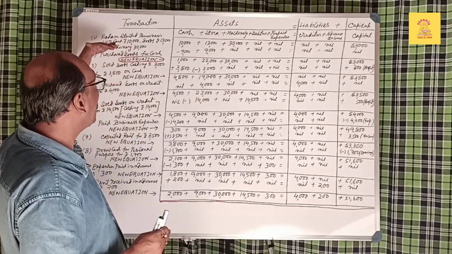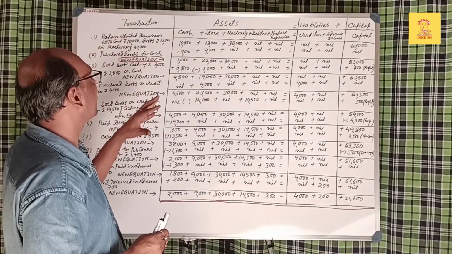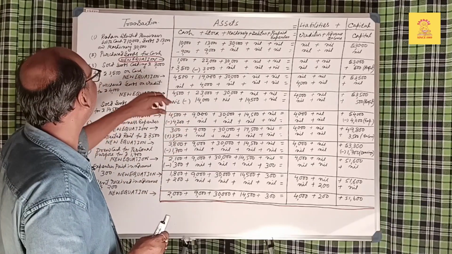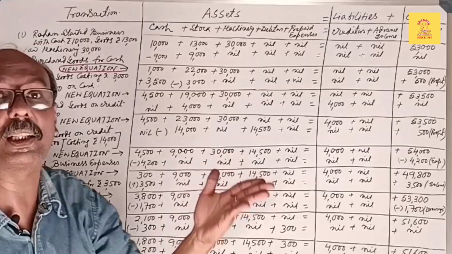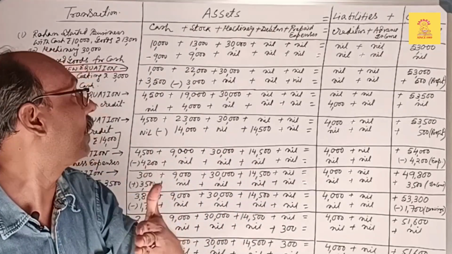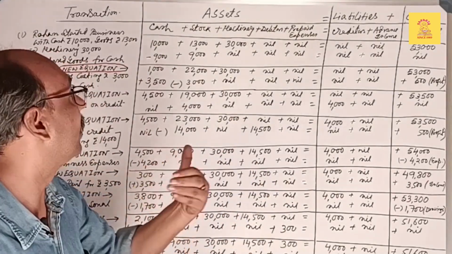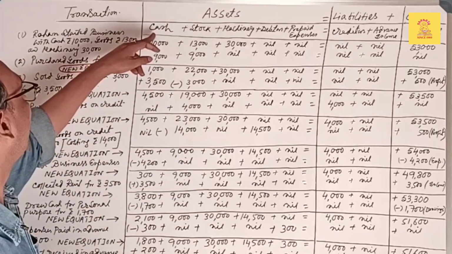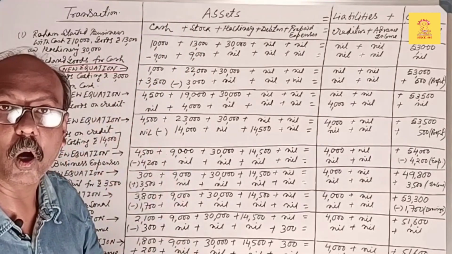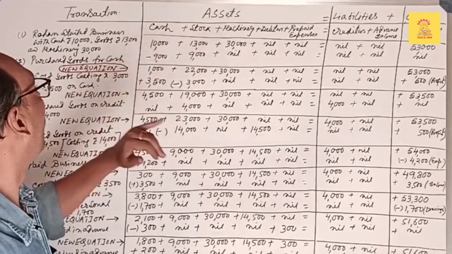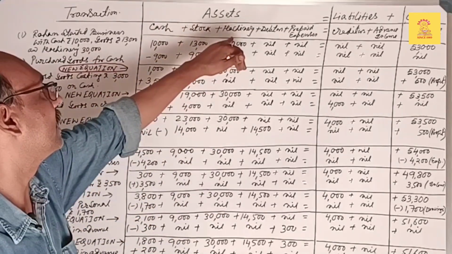and a few assets he has given into the business, like cash. That's why I have written cash. You have to mention specifically the name of the assets given into the business. So cash is there, stock is there, goods means the stock, and machinery is there.